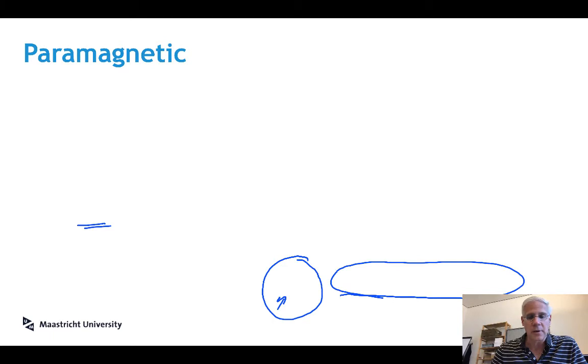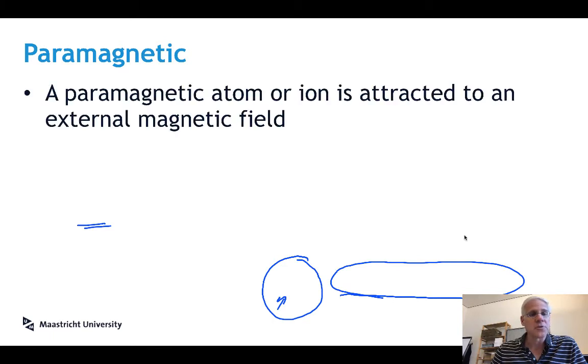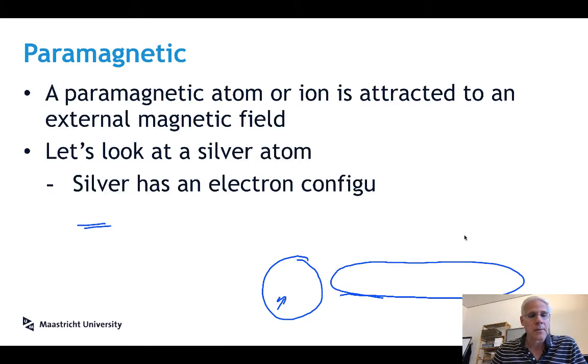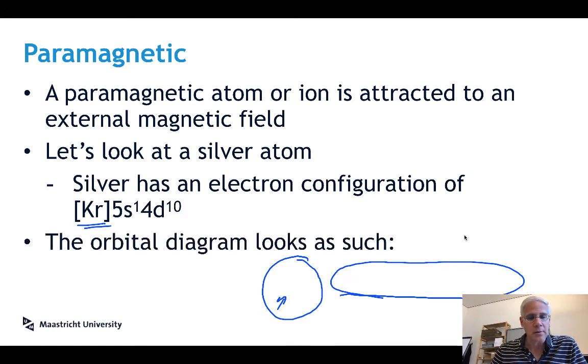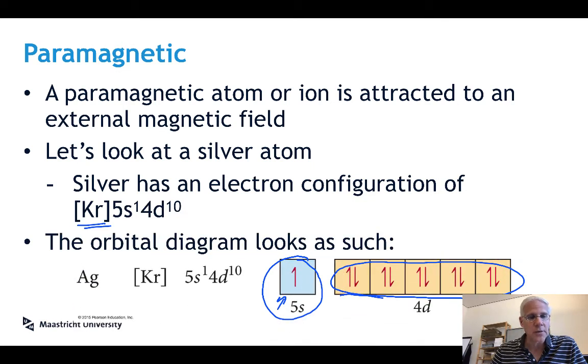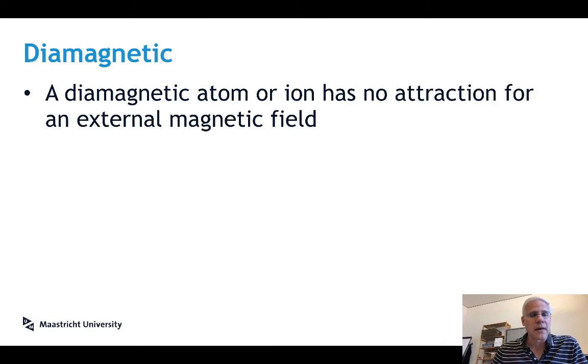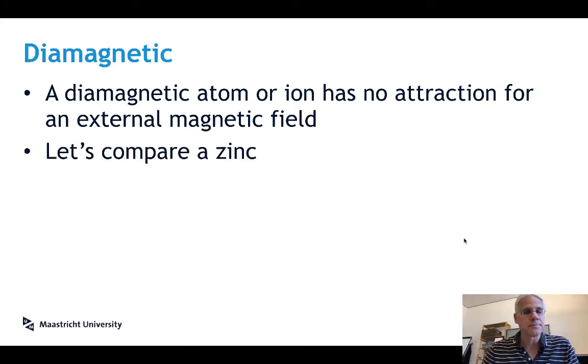So in order for something to be paramagnetic, it must have an unpaired electron, just like we've got here. So paramagnetic means you have unpaired electrons. Diamagnetic means that all of our electrons are paired, and that atom or ion has no attraction at all for an external magnetic field.